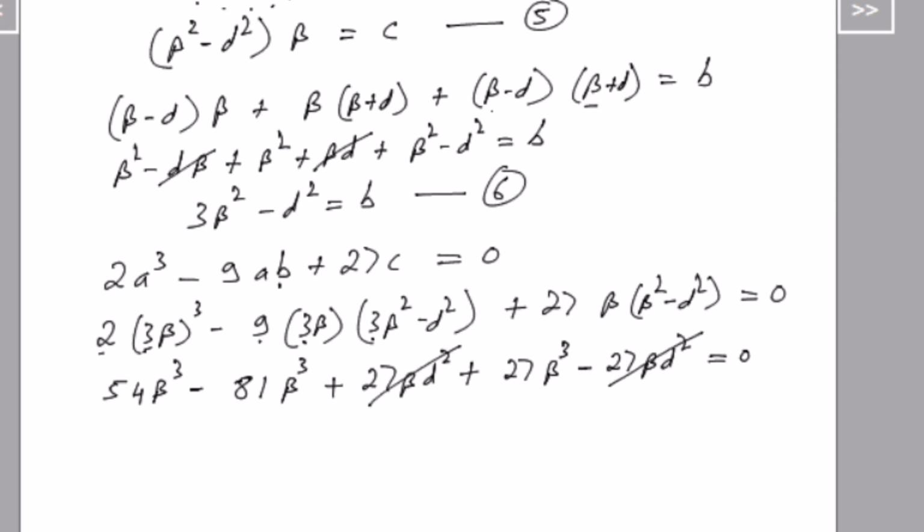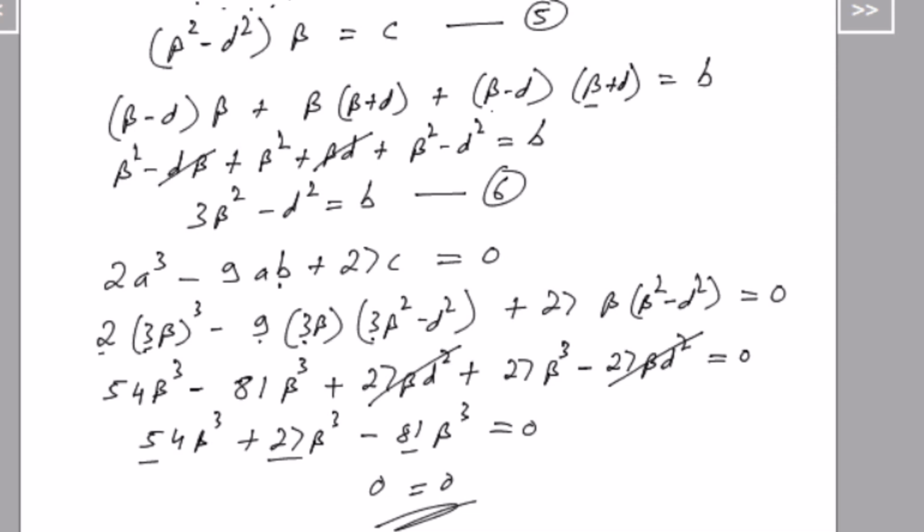So we have 54 beta cube, and if we bring 27 first, 27 beta cube minus 81 beta cube equal to 0. And 54 plus 27 is 81, and 81 minus 81 is 0. Hence 0 equal to 0. Hence proved.